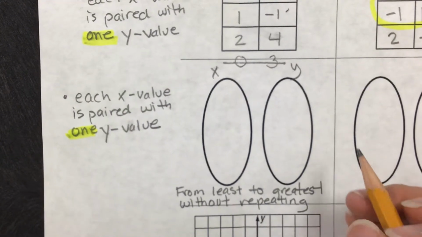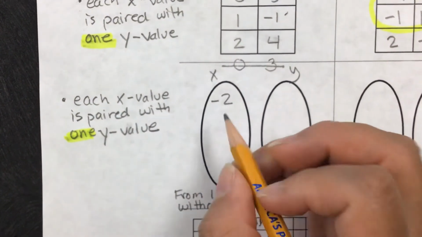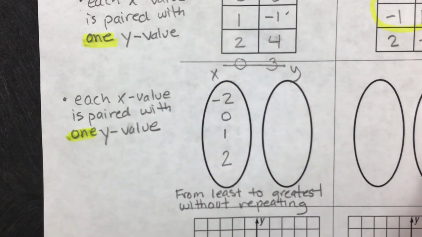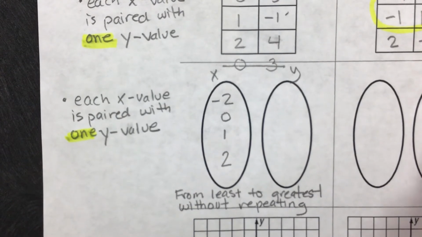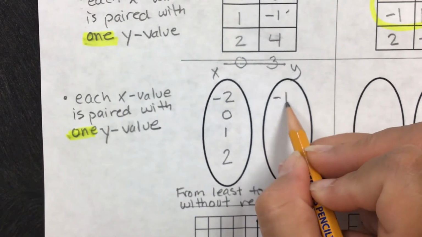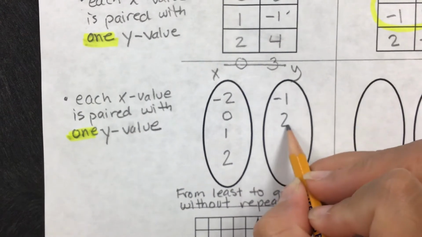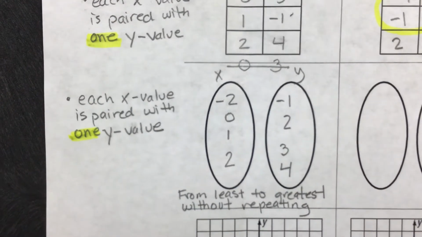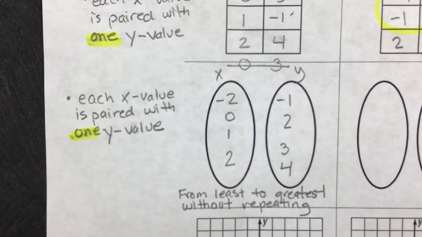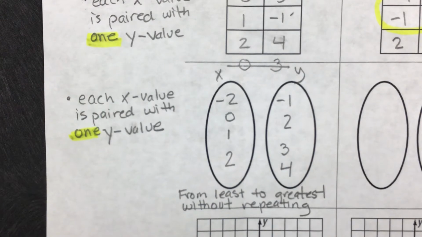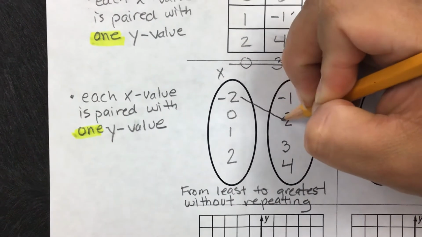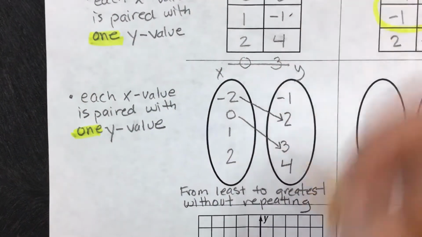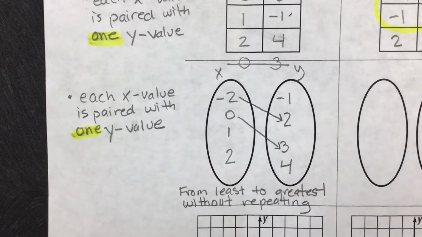So from least to greatest, that would be -2, 0, 1, 2 for the x values. On the y values, it would be -1, 2, 3, 4. And then what we do is indicate which ones go together with an arrow. So -2 went with the +2 on the y. 0 went with 3. 1 went with -1.